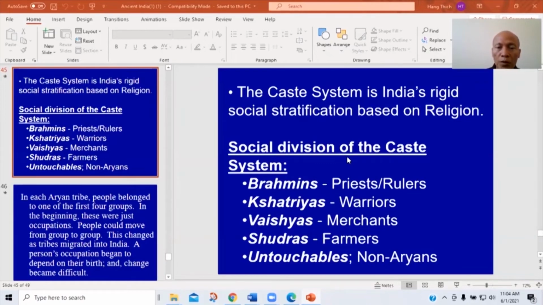The first one is the Brahmin, the priests or the leaders, the second is the Kshatriya, the warrior or royal class, the third is the Vaishya, the merchants and business people, the fourth is the Shudra, the farmers or slaves, and the last one is the untouchables, or non-Aryan people.